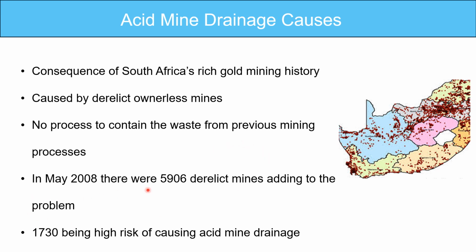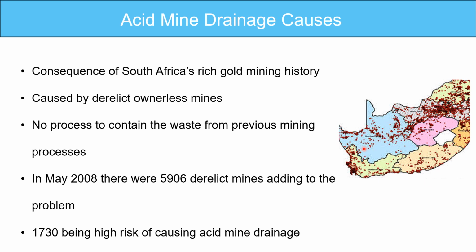So in May 2008, it was recorded that there were about 5,906 derelict mines that added to this problem. If you have a look here on the right, there's a little map of South Africa, and every single little red dot represents a derelict mine, an ownerless mine.